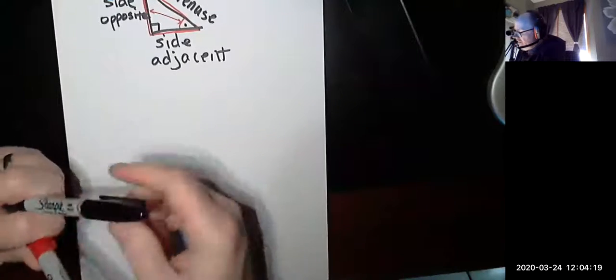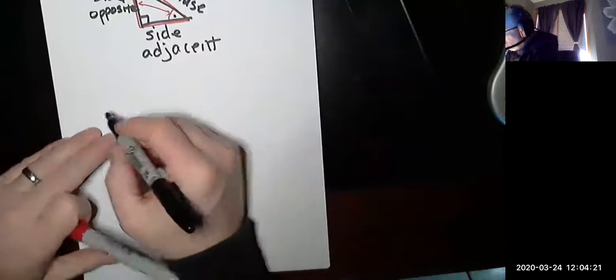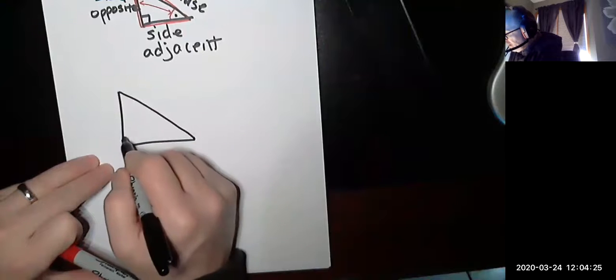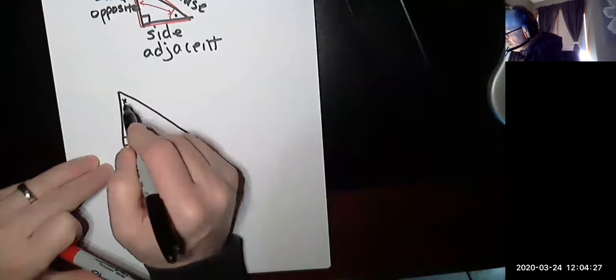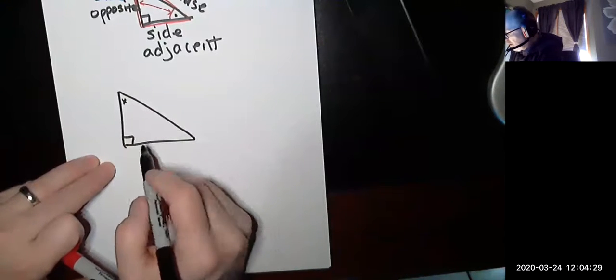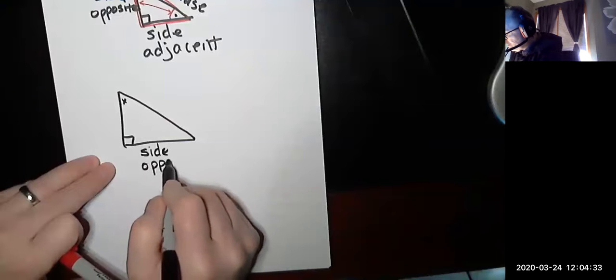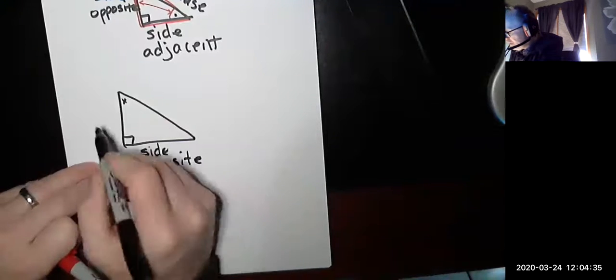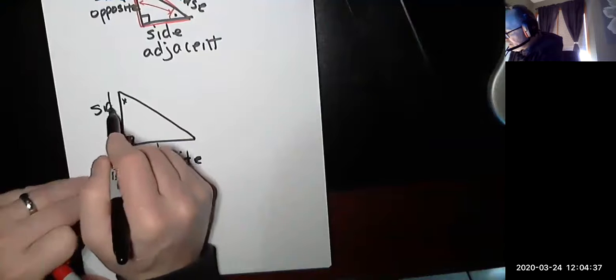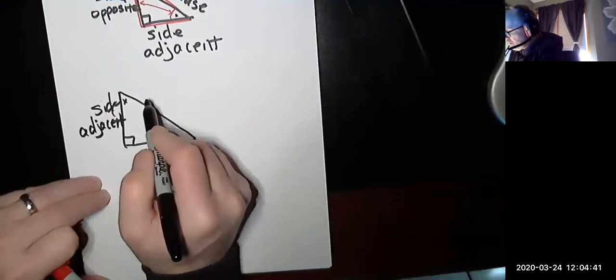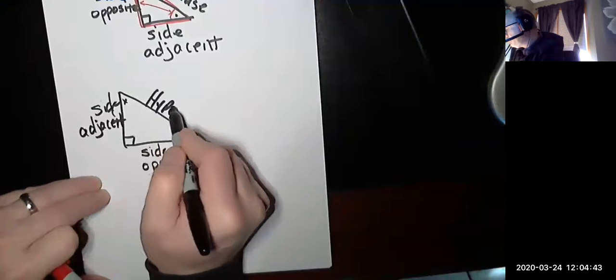So it's very important to get that terminology correct. So if I had a right angle triangle, and if I was talking about this angle in the corner, I would call this then the side opposite. The side opposite the angle. This becomes the side adjacent, and this is the hypotenuse.